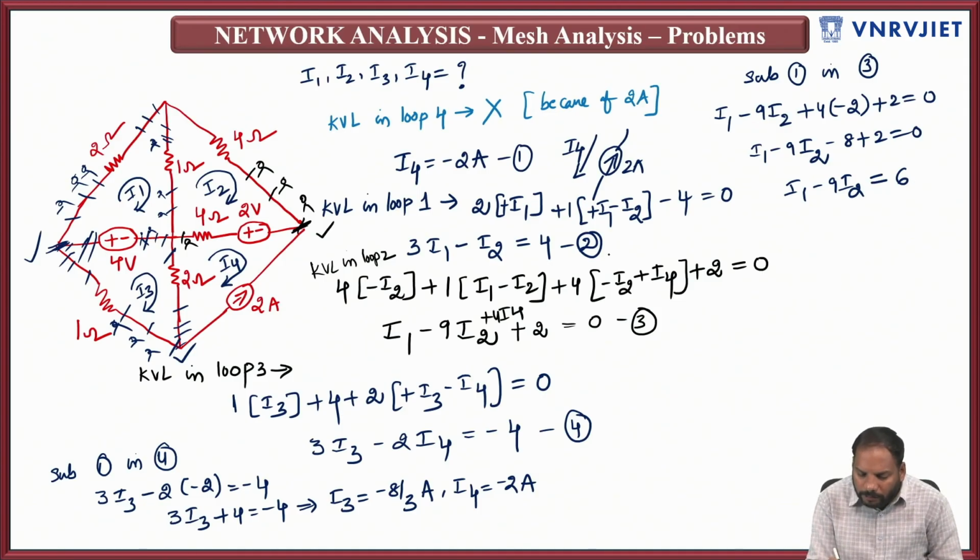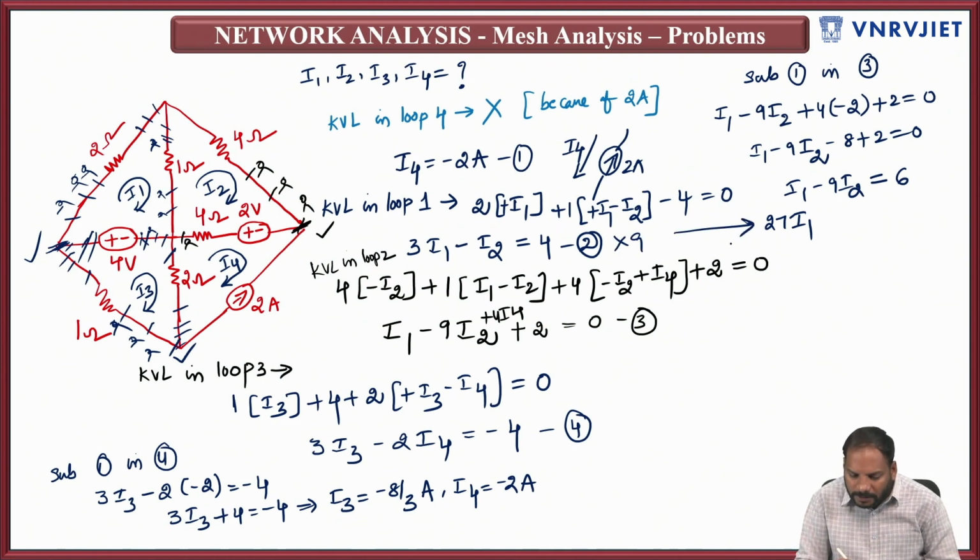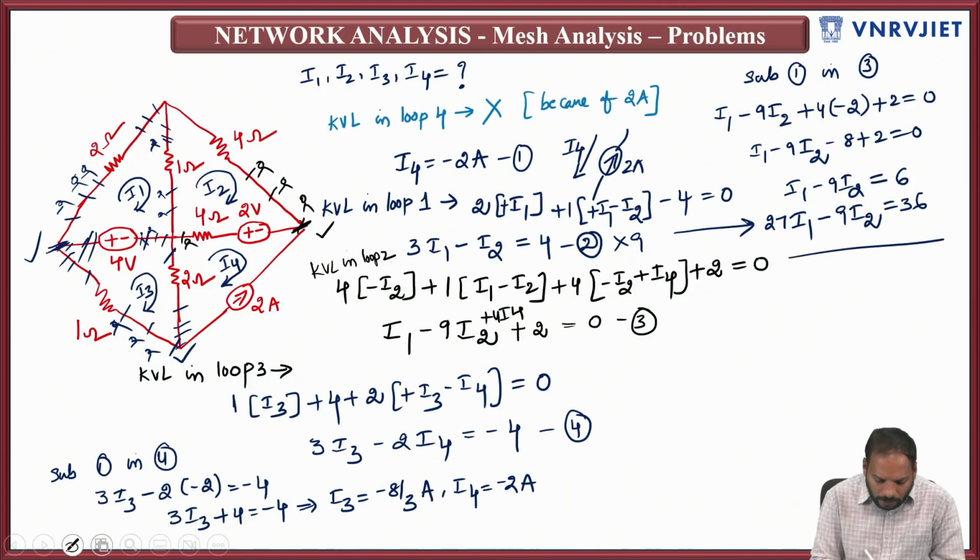So now you have equation 2. So multiply equation 2 with 9. Okay, then 27 I1, that means equation 2 with 9. I'm writing here. Okay, 27 I1 minus 9 I2 is equal to 36. So try to subtract these two equations.